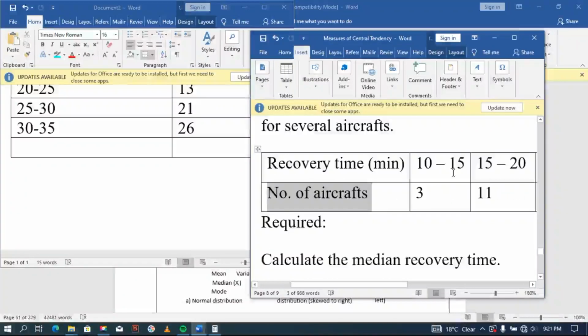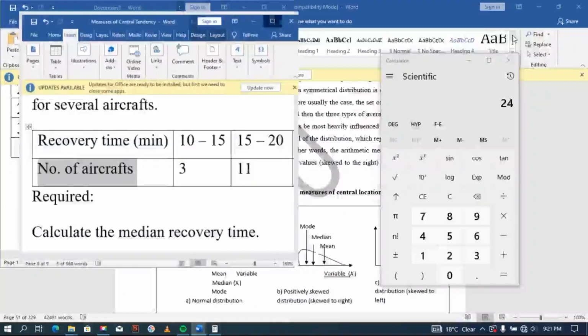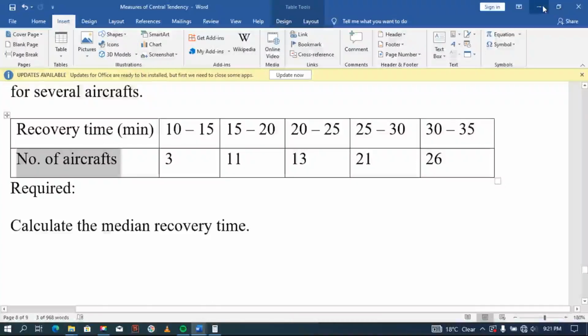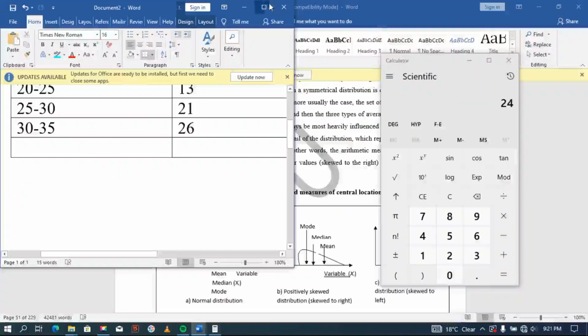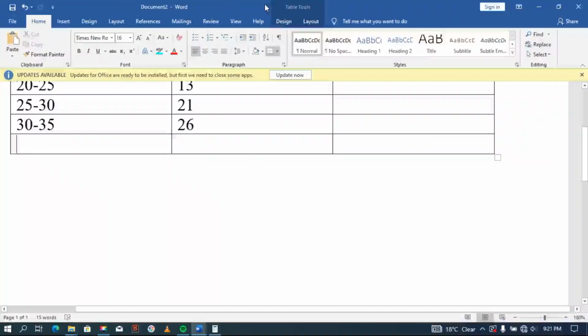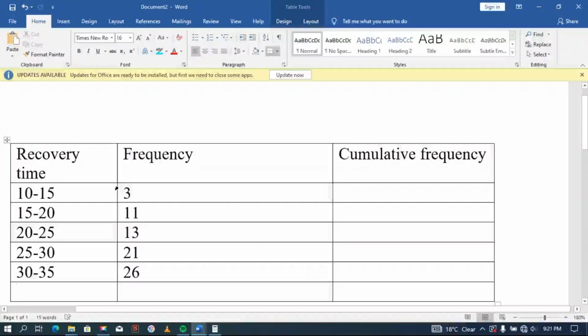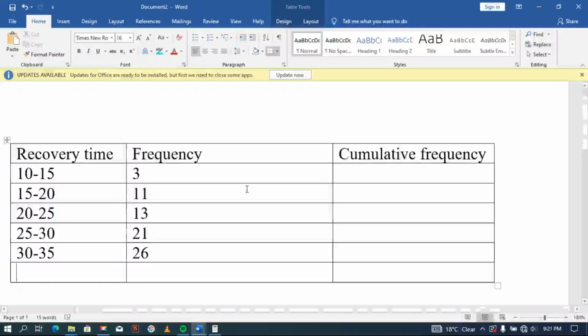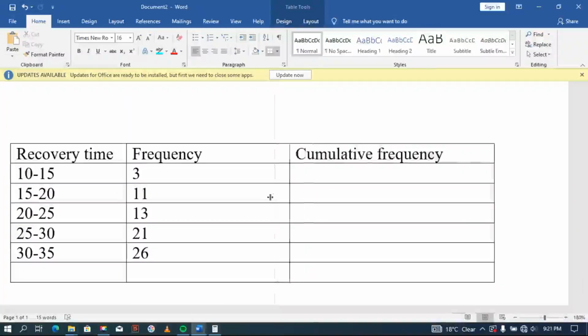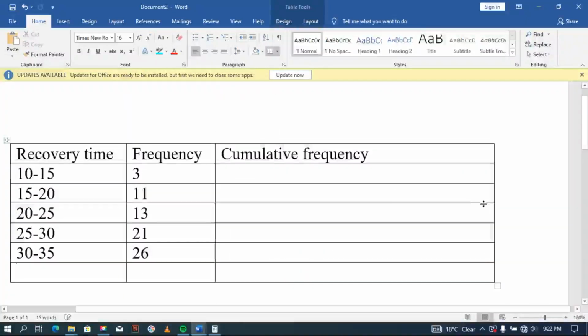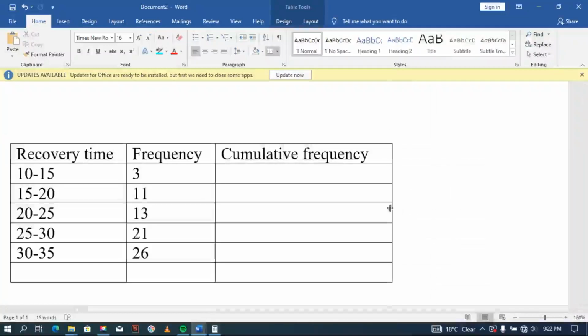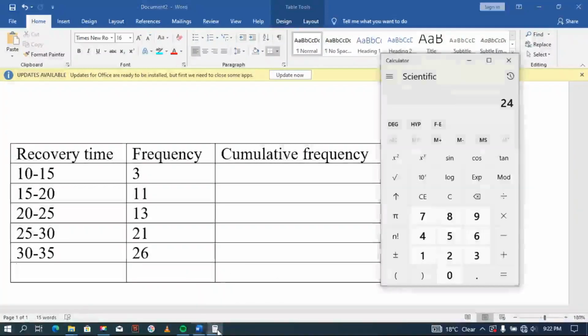Okay, so this is what we have. Now we find the cumulative frequencies. We can accumulate these frequencies. The first cumulative frequency will be 3.